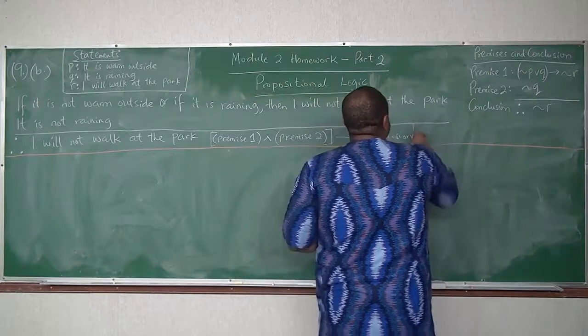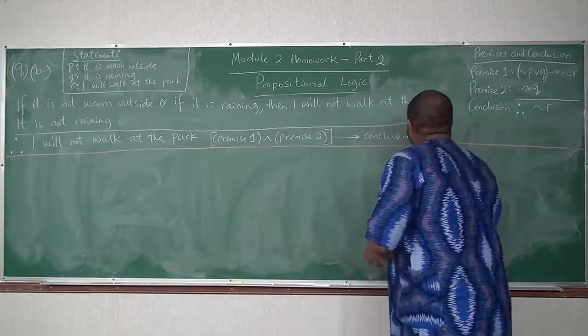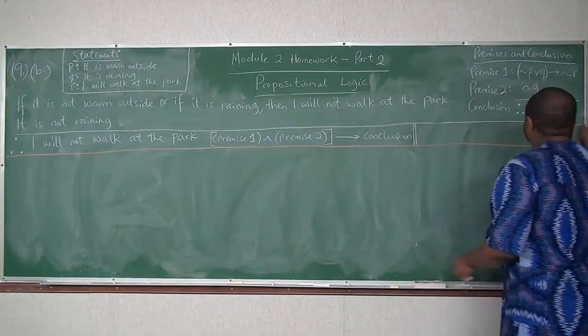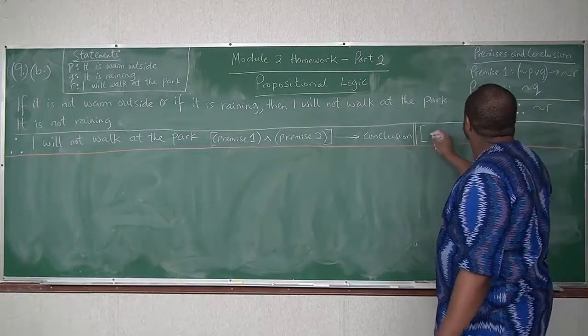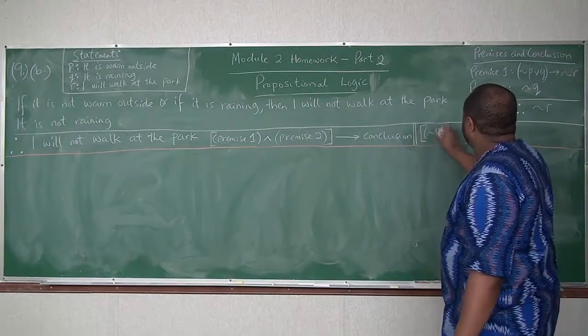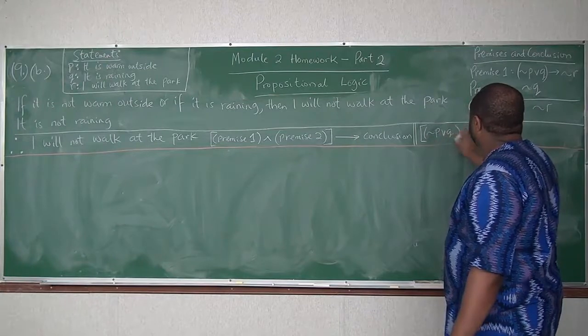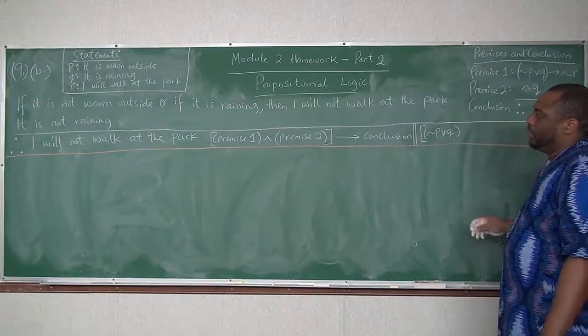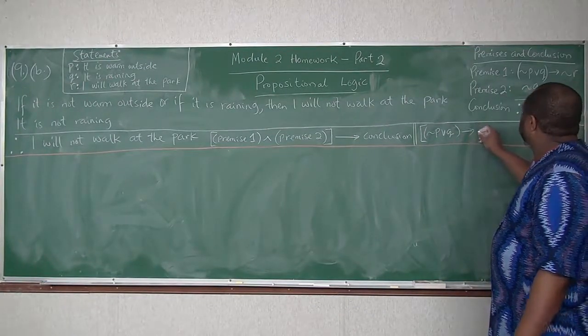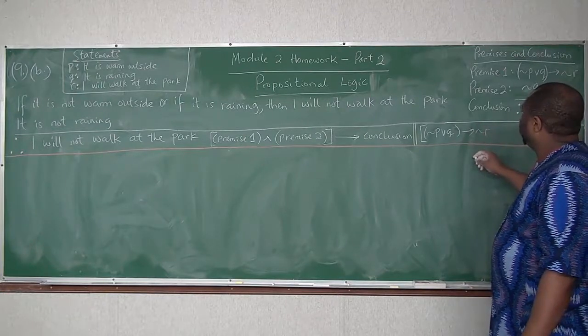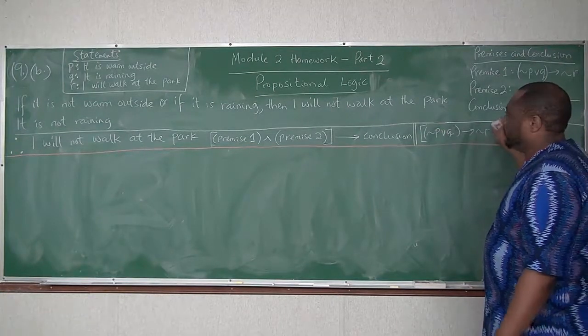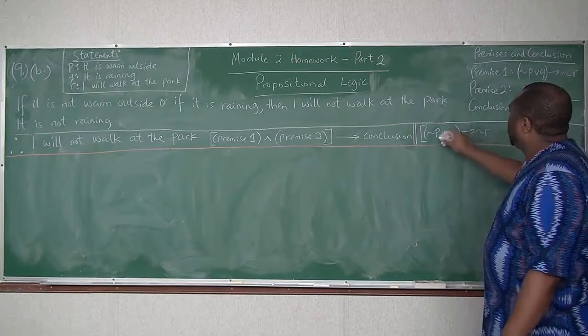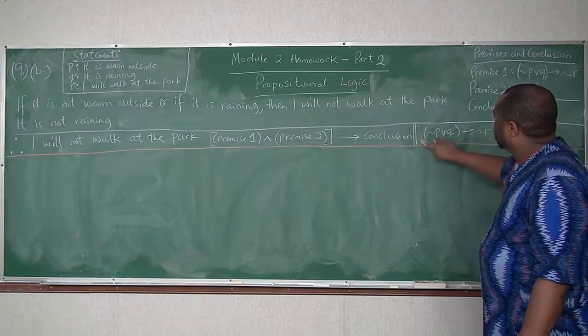Let me separate this with yellow. Now let's write this. Our premise 1 is not P or Q implies not R. Let me write this with double parentheses.